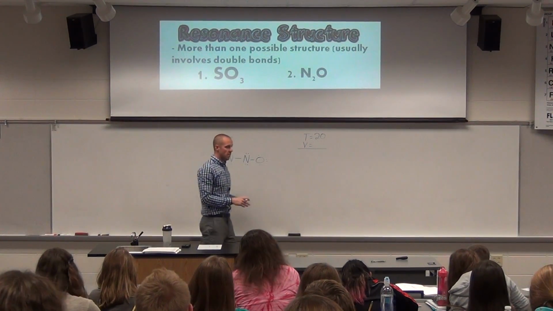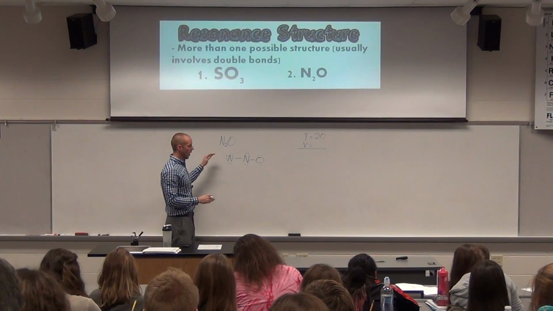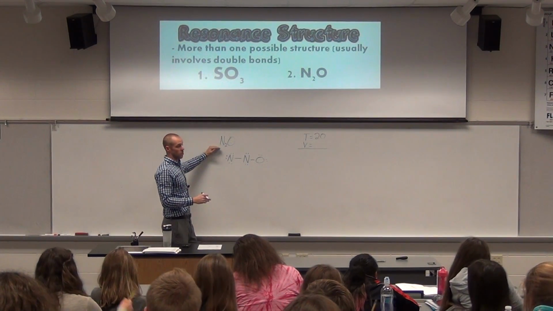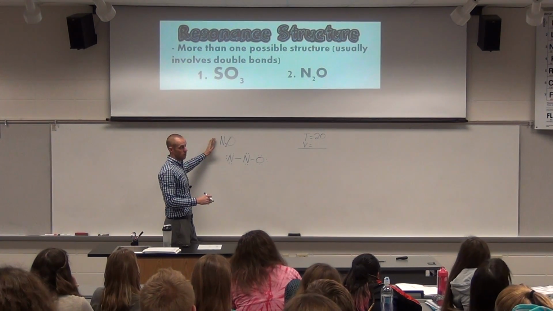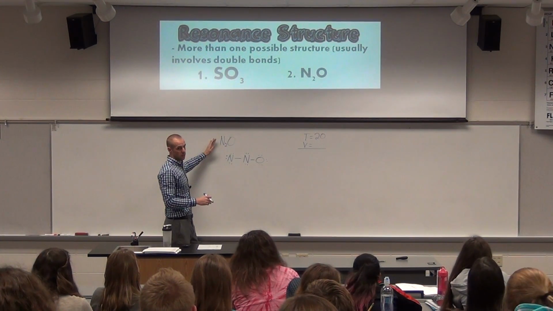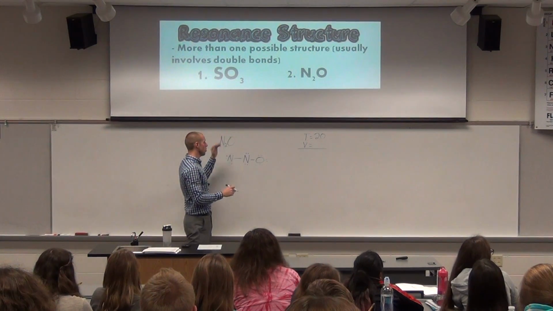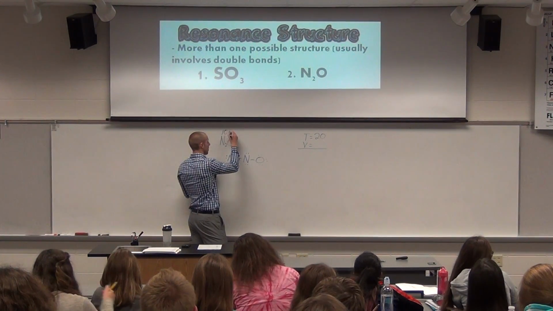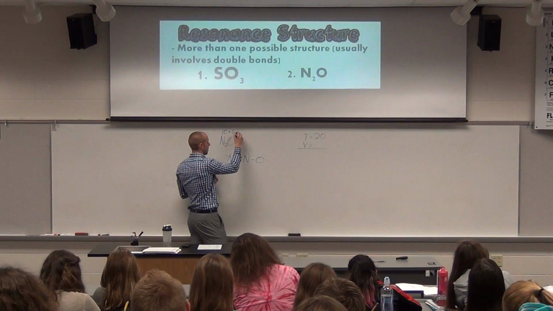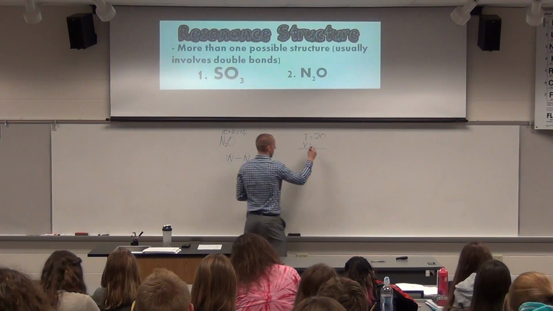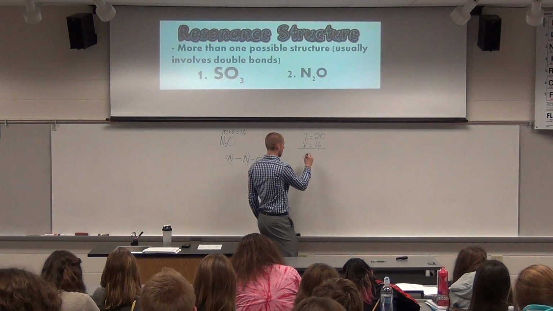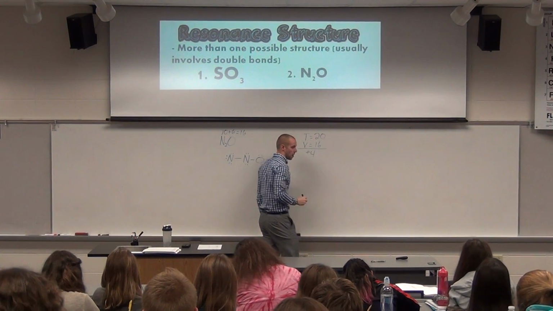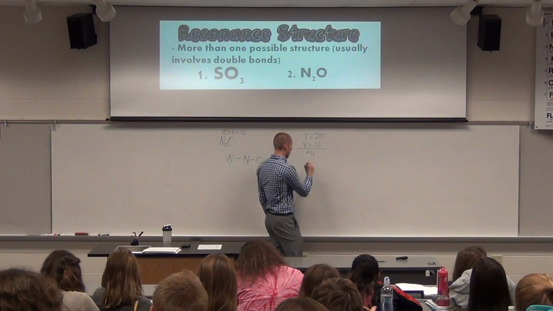Now, I need to figure out what my V would be. So, I have 2 nitrogens. What's nitrogen's valence? 5. No, not the atomic number. It's 5. 5 times 2 is 10 plus 6 is 16. That's going to be my V. 20 minus 16 is 4. How many extra bonds do I have? 2 extra bonds.